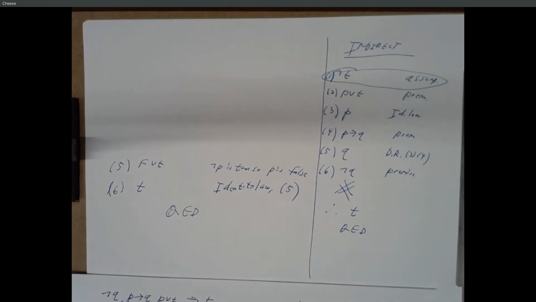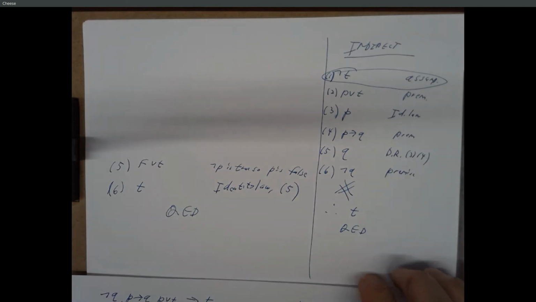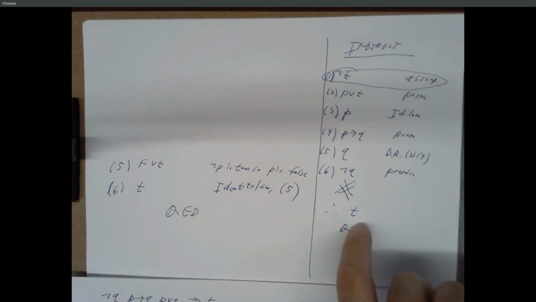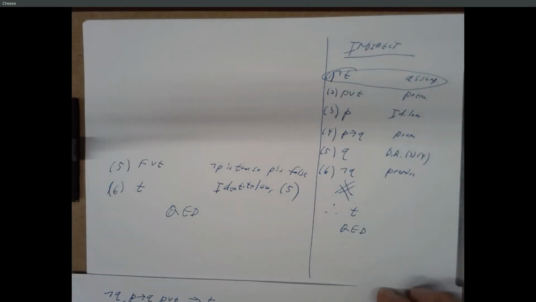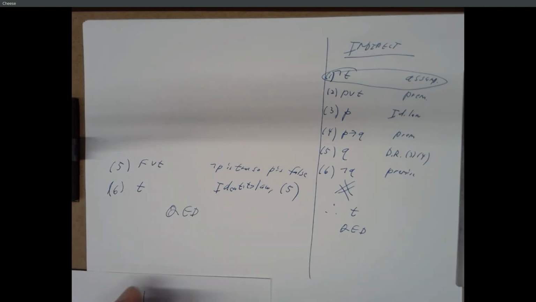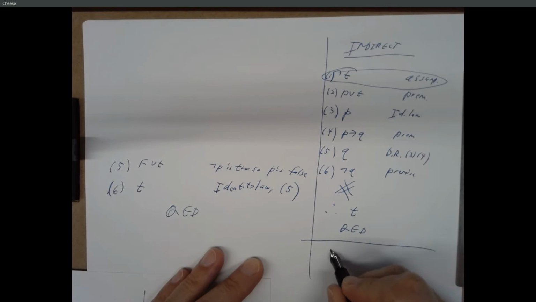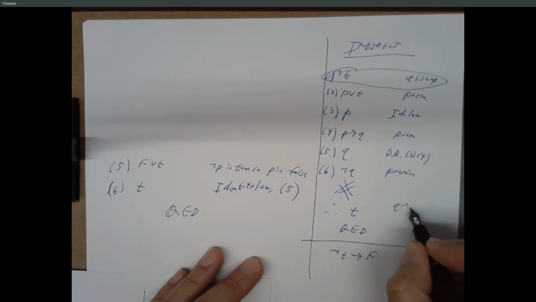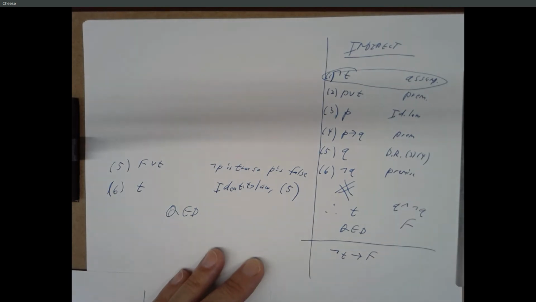It's still a proof, right? We're logically using the laws of propositional logic. But we start by assuming the conclusion is wrong and we find a contradiction. And really what we've done here is a direct proof that the negation of T implies false. If we assume not T is true, we can prove Q and not Q, which is false.